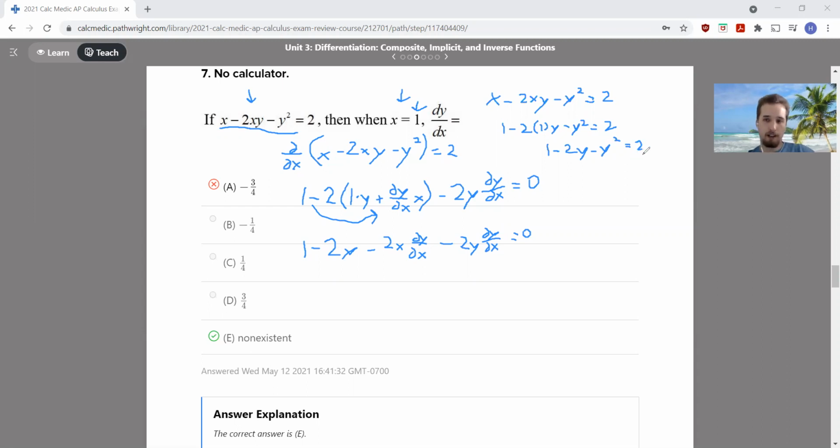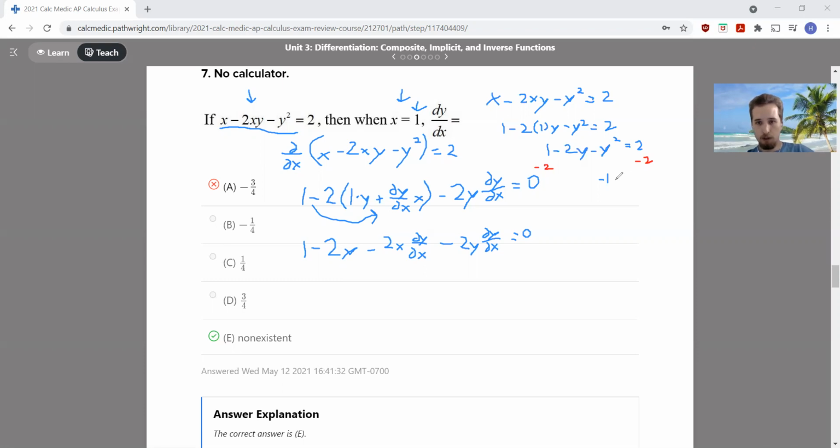We have a quadratic. When we have a quadratic, we want to make sure that one side of the equation is equal to 0. So we're going to subtract 2 over. And when we do that, we get negative 1, because 1 minus 2. So just subtract 2 from both sides here.